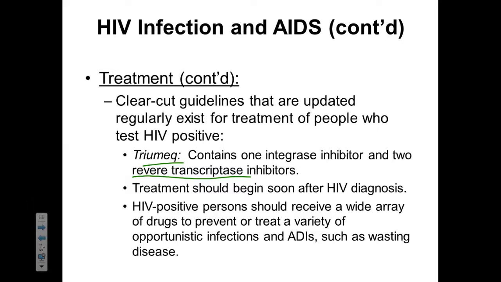This drug should be given as soon as a patient receives a positive diagnosis of HIV. Anyone who has HIV should receive a wide array of drugs, because as you have that wide array of drugs, that means the virus will need to mutate in more different ways to become resistant. And as you add more and more prerequisite mutations, it becomes statistically more unlikely for the virus to be resistant to an ever-increasing number of drugs.